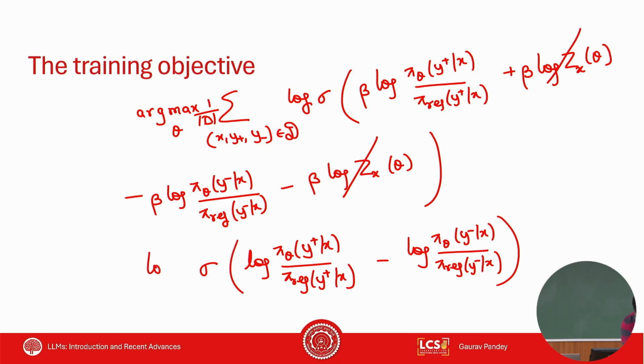Sigmoid and log. So this is your DPO objective that you optimize. Does that make sense? Till here, this point, any questions? Okay.